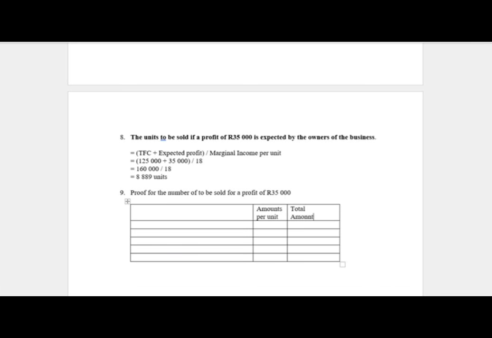Right, total amount. There we go. All these total amounts, they are going to be in rand.